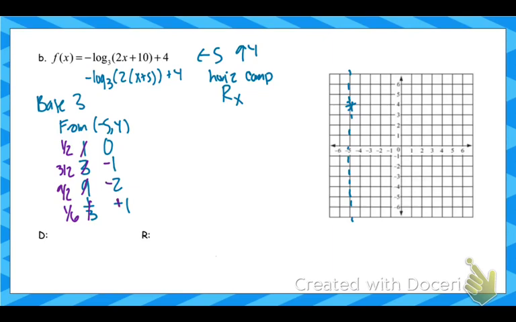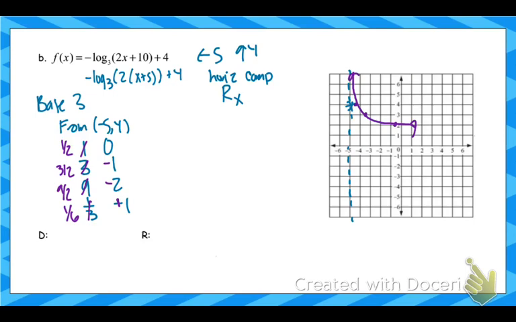So I'm going to go right 1/2 and up 0, right 1.5 down 1, right 4.5 down 2. Whoops, that's not 4.5. And we'll write a 6th and up 1, which is going to be pretty hard to see, but we have enough points on here to see our graph.